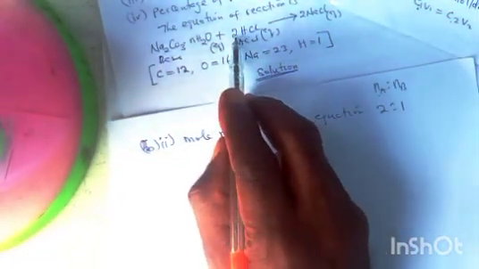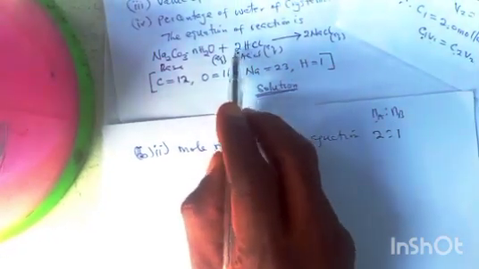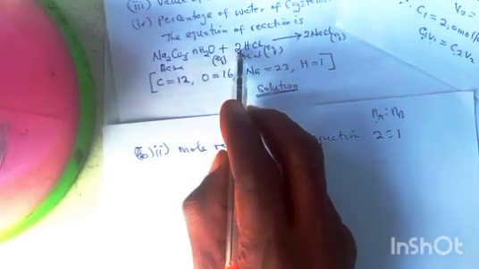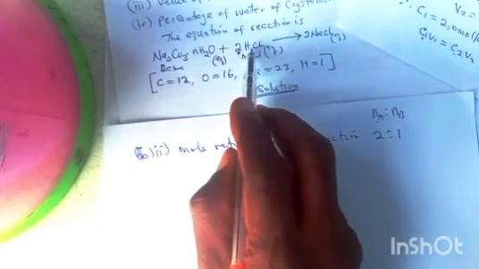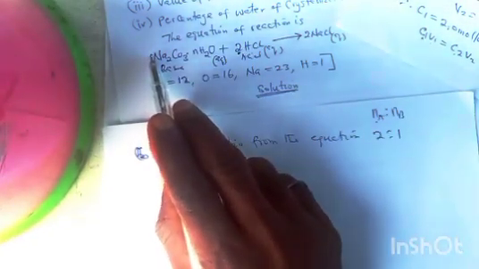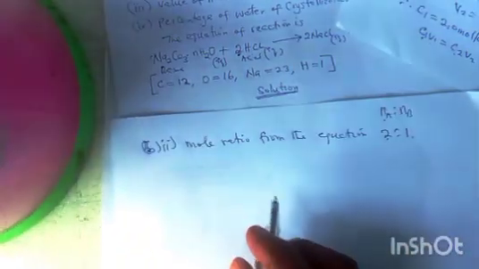Look at 2 here. We have 2 here. This is the number of moles of this acid. Here now we are not having any further, that means we are on the same one here. So here becomes 2, and here now is 1. So that's how we get the mole ratio.